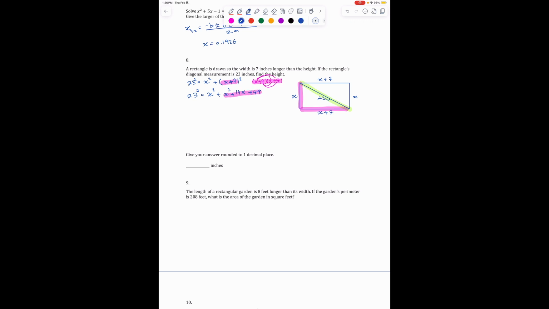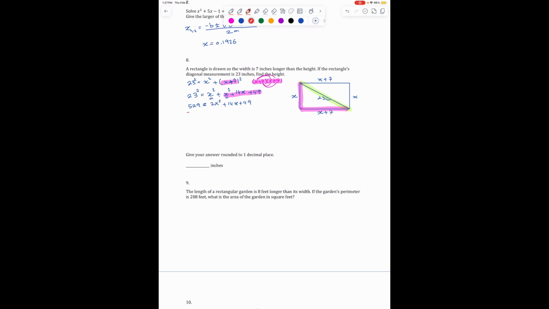And now I'm going to try to solve this quadratic equation. 23 squared is 529 equals, combining like terms, 2x squared plus 14x plus 49. In order to solve a quadratic equation, the left-hand side, in this case, must be 0, or you can make it the right-hand side, it doesn't matter.